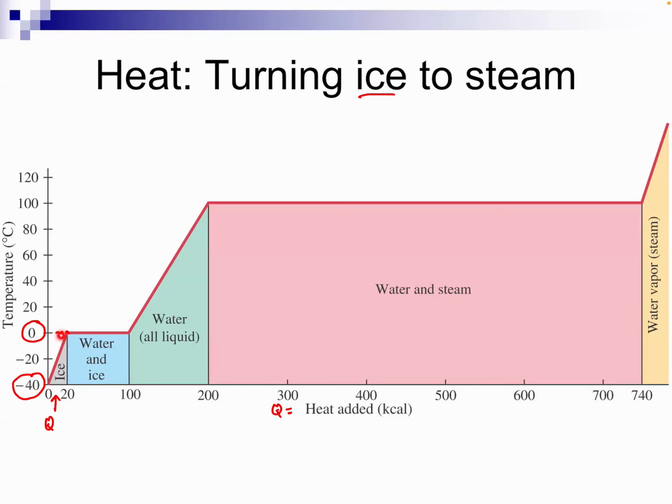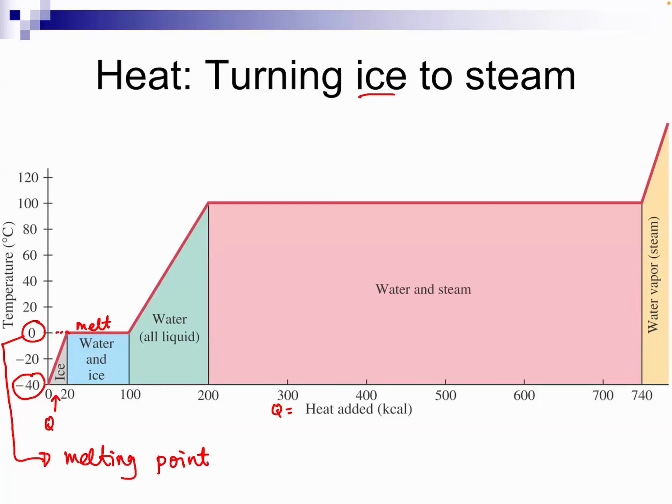When the temperature of ice reaches 0 degrees Celsius, the ice starts to melt, and hence you have water and ice coexisting together. We call this 0 degrees Celsius the melting point of ice.